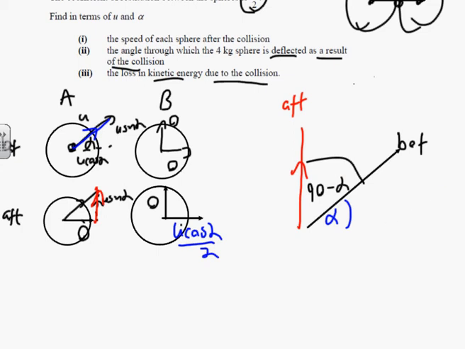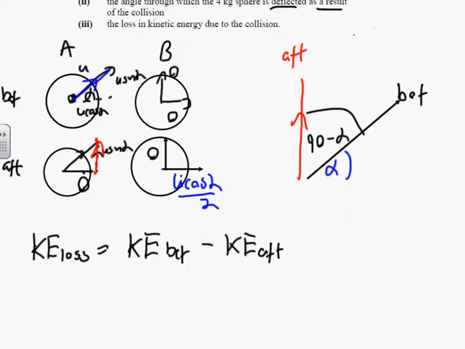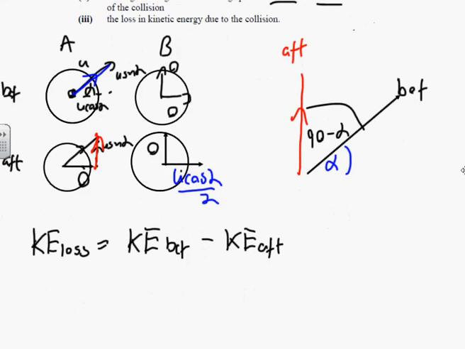Now, the loss of kinetic energy due to the collision. KE loss equals KE before minus KE after. Okay? So KE loss equals KE before minus KE after.